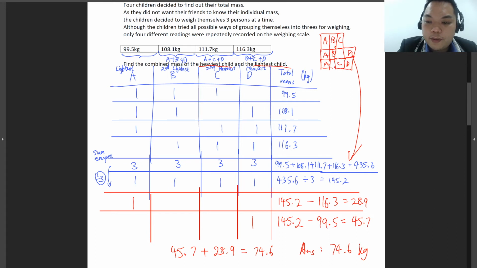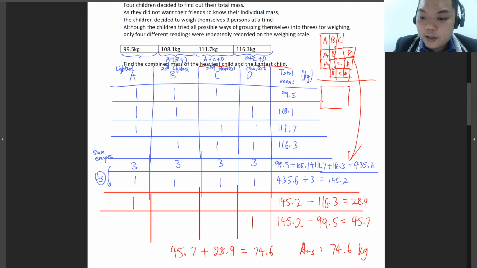And you have B, C, and D over here. Correct? I think I should move this closer with me. So when you combine every one, if you collapse this whole thing like Tetris, you will have 3 copies of A, 3 copies of B, 3 copies of C, 3 copies of D here. And everything adds up to 435.6.